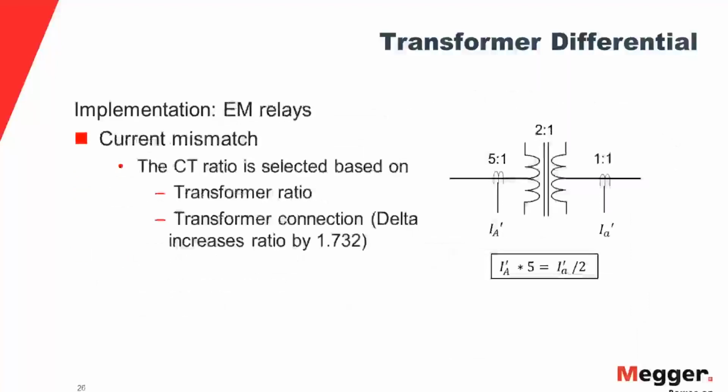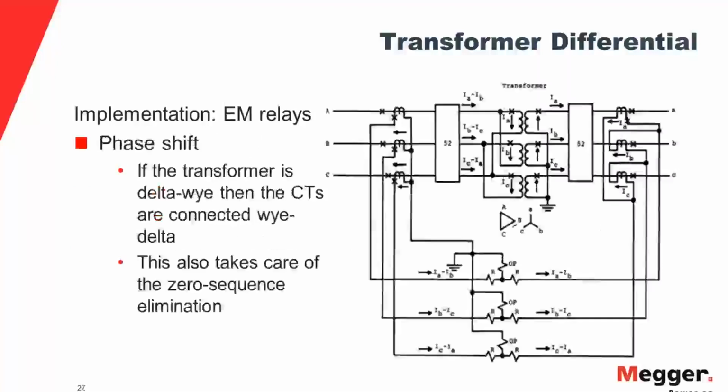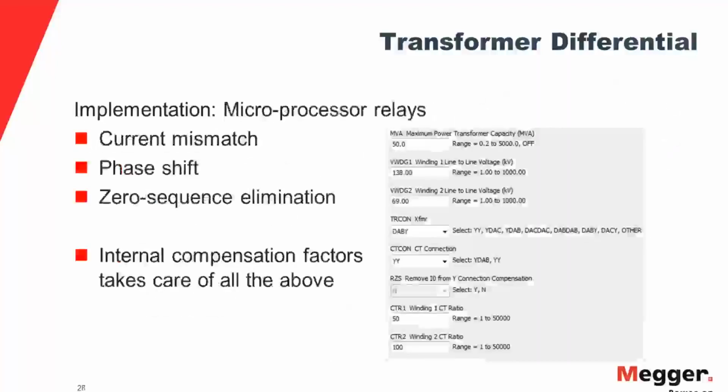That way, you are mitigating not only the phase shift, you are also preventing any zero sequence currents, which is nothing but the current through the neutral, the grounded point of the transformer.